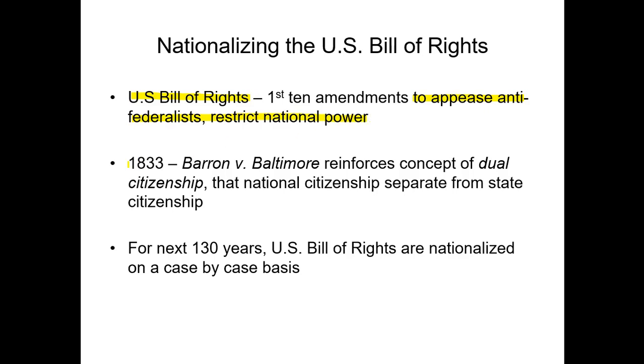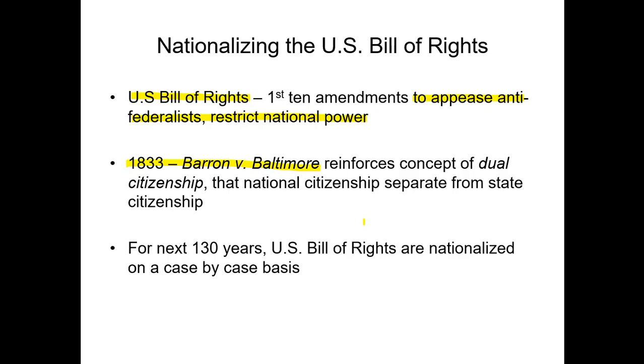Interestingly enough, though, there was an 1833 Supreme Court decision, Barron versus Baltimore, where Mr. Barron had a wharf or a dock in the city of Baltimore, in the state of Maryland. The city took part of his wharf. He needed it for construction purposes, and he said, well, wait a minute, I thought the Fifth Amendment says you can't do that.